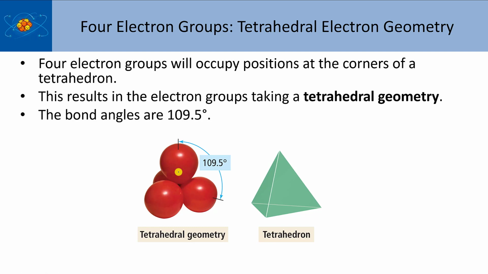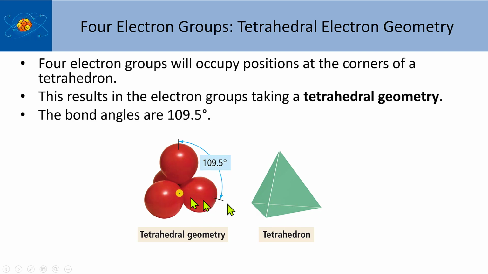If you go to the grocery store and see how the grocer stacks up fruits and vegetables, especially if they're round, you'll see this kind of structure as one of the basic units of the stacking of the fruit. And this is known as a tetrahedral geometry.